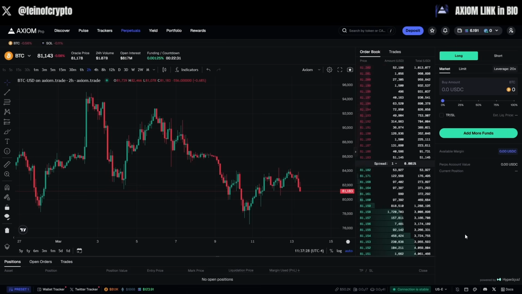Liquidity is where people put their stops, and market makers and exchanges need money to move their orders. You can't buy something without someone selling.